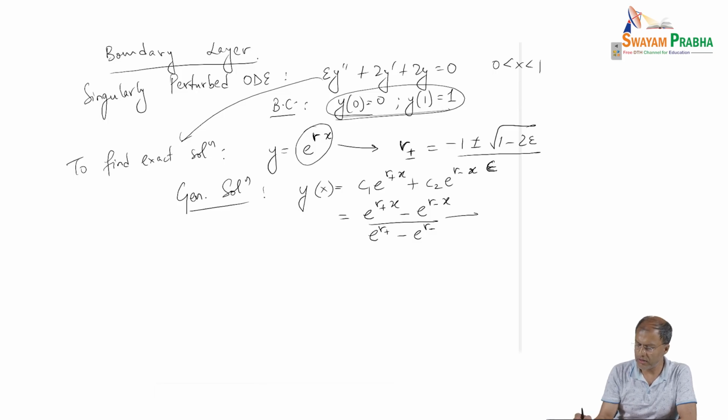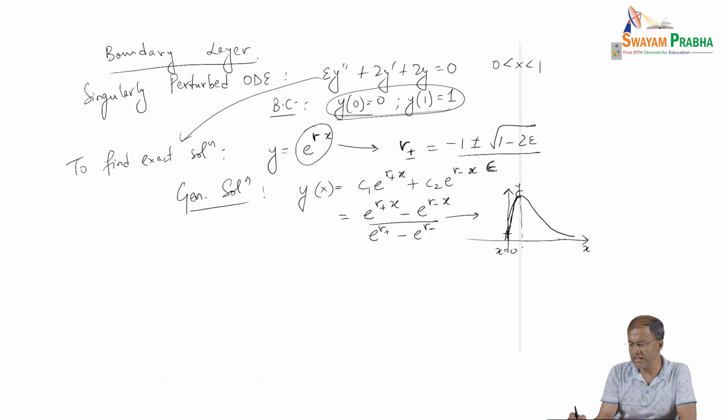If we plot this function y versus x, with this being the x-axis, we get the following plot. One thing I would like to highlight using this plot is that the variation of this solution y is very sharp near the boundary x equal to 0.